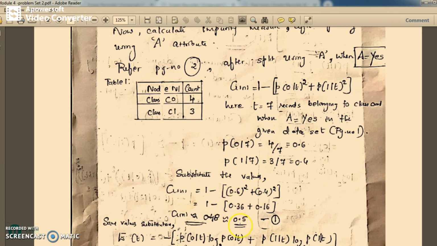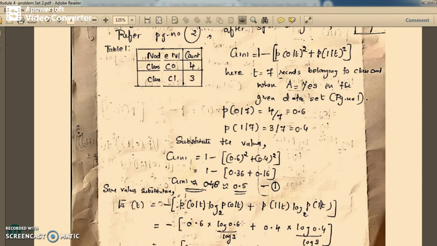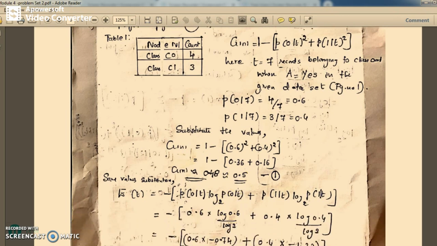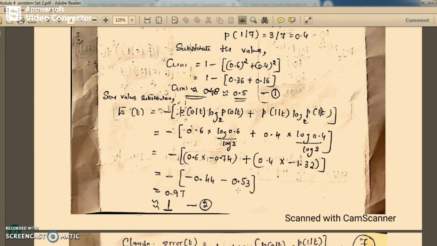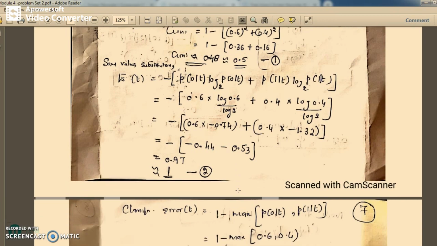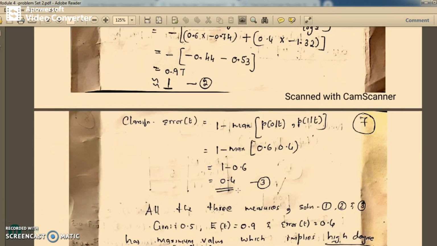You get the answer as approximately 0.5. So this is also not a good sign; the degree of impurity is moderate. For entropy, substitute the values and you get 1, which implies high impurity. Then for classification error you get 0.4. Entropy is 1, high, and classification error is 0.4, almost moderate.